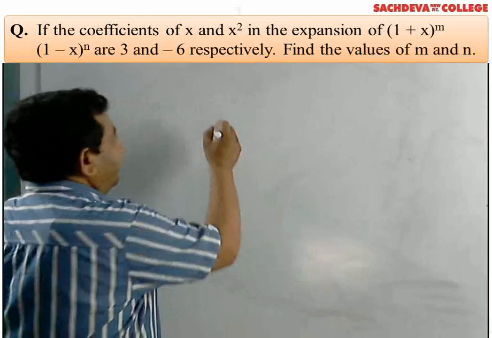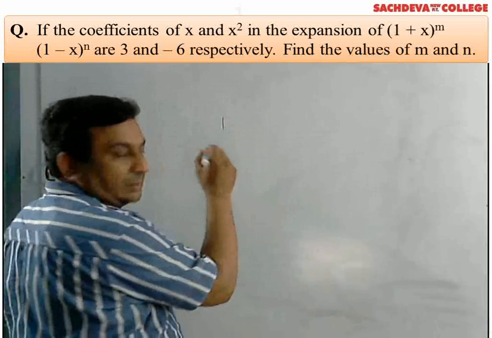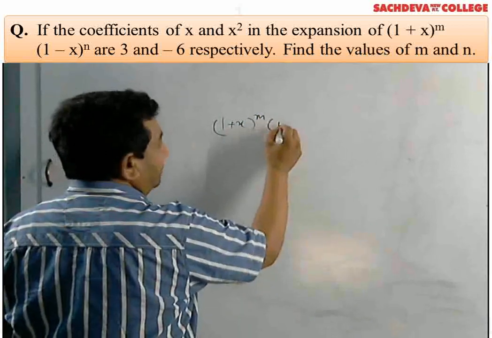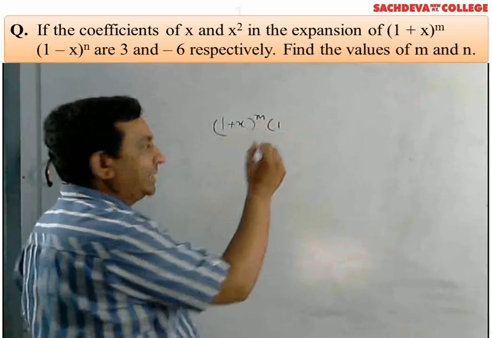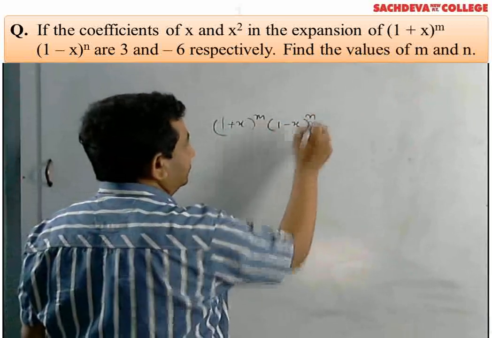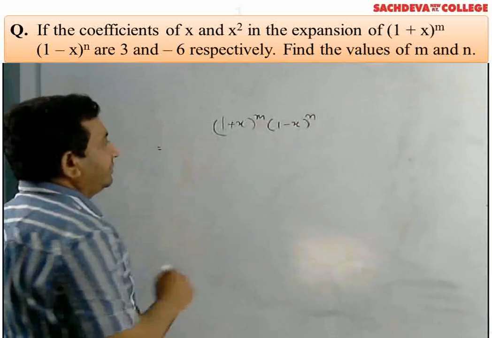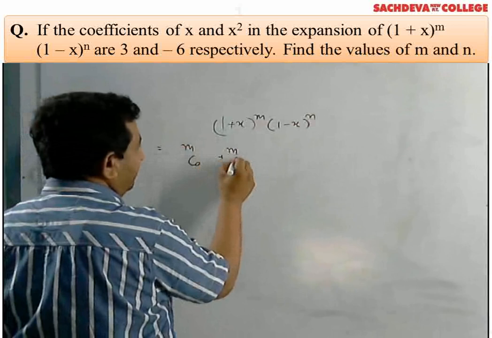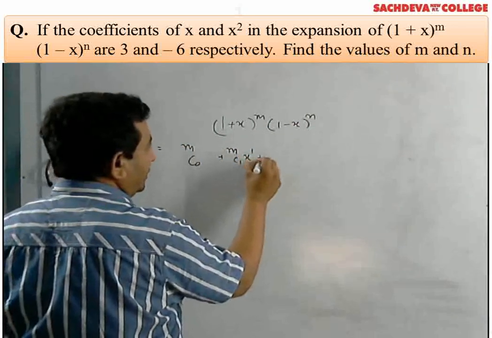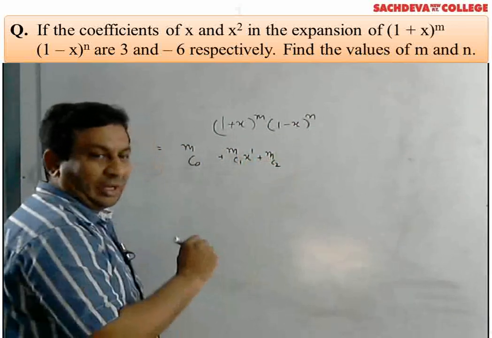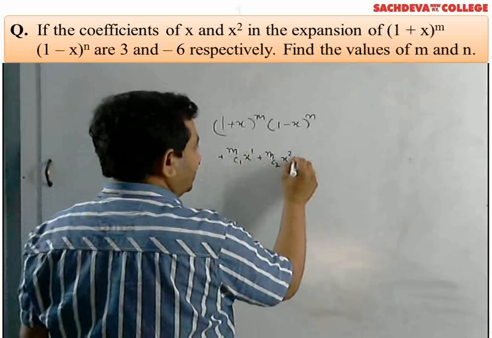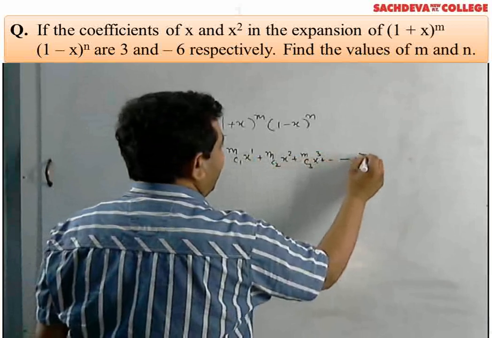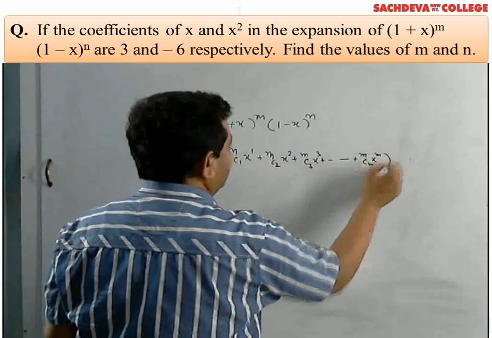So we have (1 plus x) to the power m into (1 minus x) to the power n. (1 plus x) to the power m will be equal to mC0 plus mC1 x to the power 1 plus mC2 x to the power 2 plus mC3 x to the power 3 plus and so on plus mCm x to the power m.